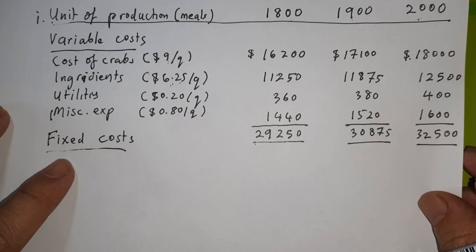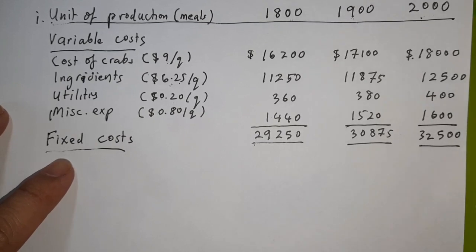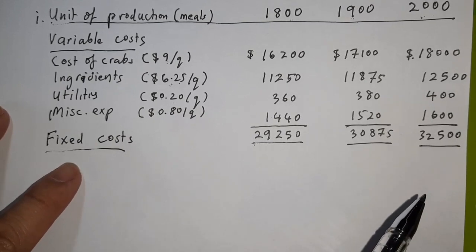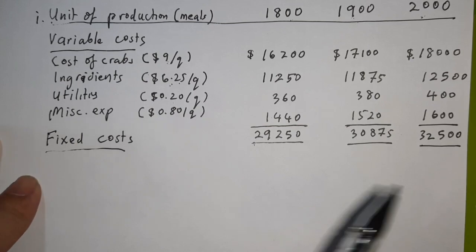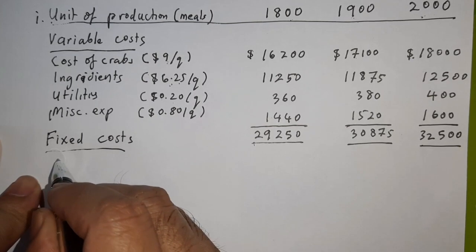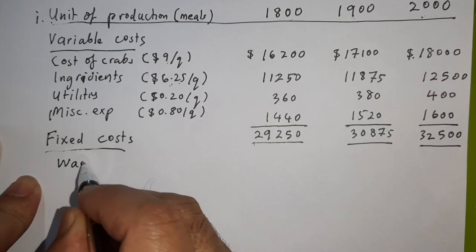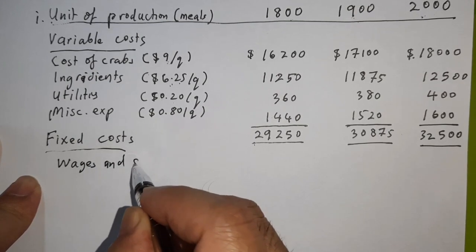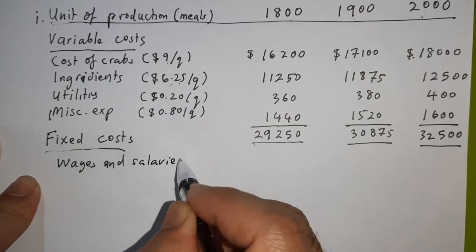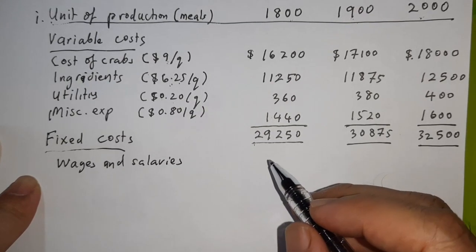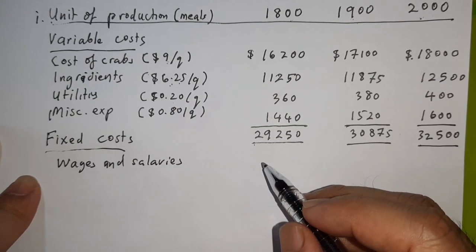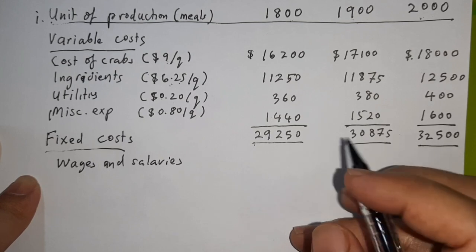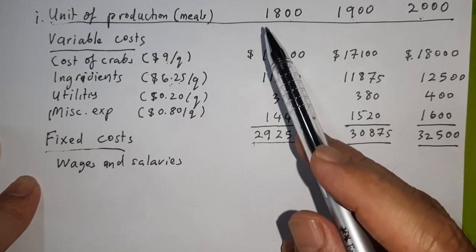So this is the flexible budget. The first fixed cost that you have seen in the question is the wages and salaries. It is a fixed cost, so it will not change even though the quantity of production changes.